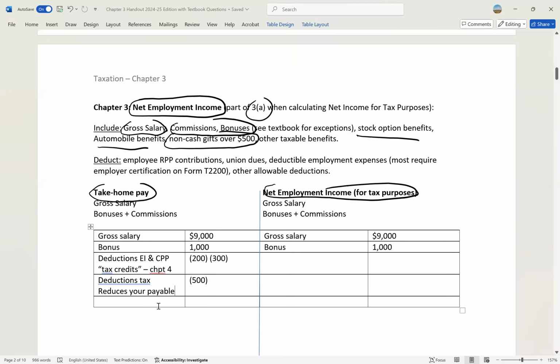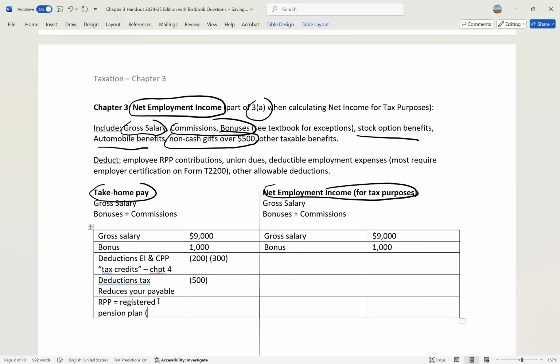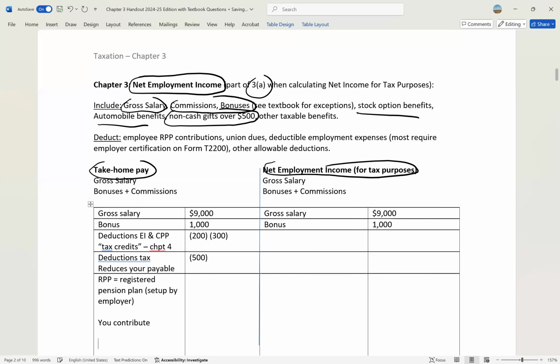There's also some other things that could happen as well. Let's say you belong to a company pension plan called an RPP. RPP is called a registered pension plan, and that's basically set up by the company. Now, usually with an RPP, there's an amount that you contribute, and there might be an amount that your employer contributes.